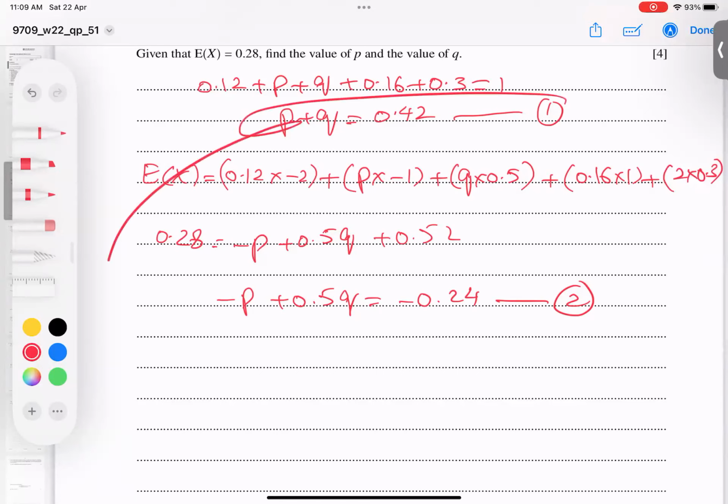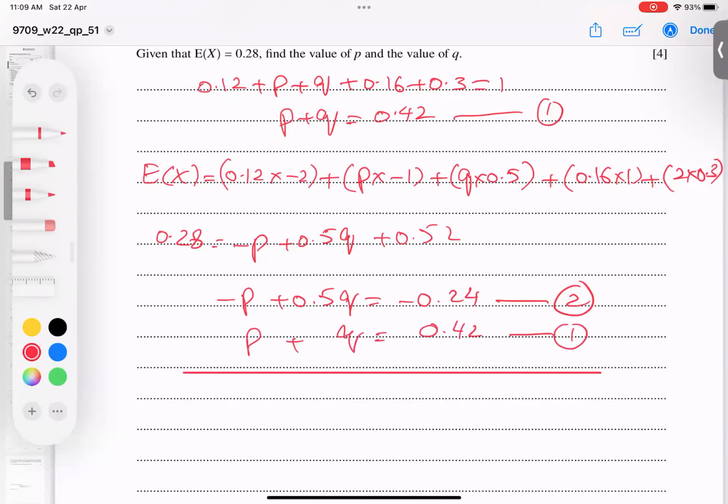Now I can solve them simultaneously. Bring equation 1 under it: P plus Q equals 0.42. You know the P cancels out, and here I get 1.5 Q. 0.42 minus 0.24 gives 0.18, and divided by 1.5, we get 0.12.